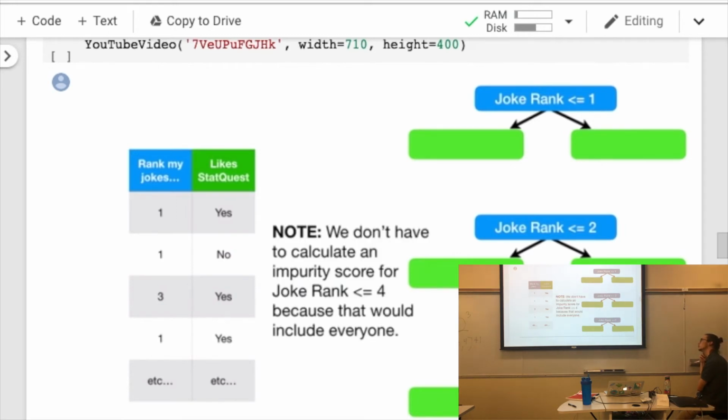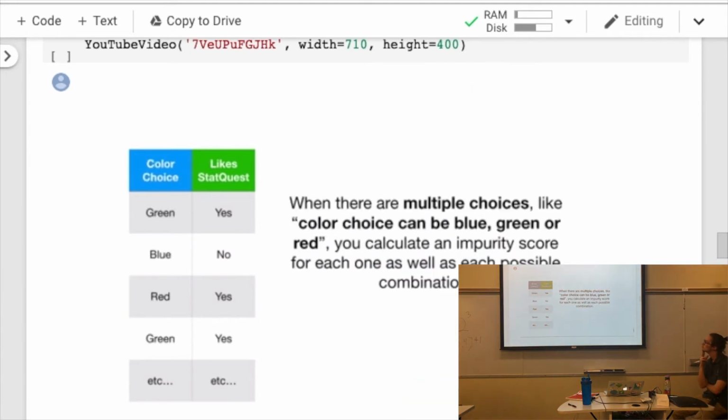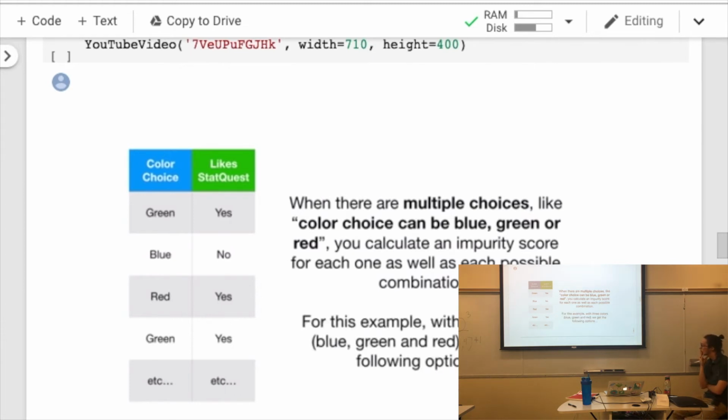Note, we don't have to calculate an impurity score for joke rank less than or equal to 4 because that would include everyone. When there are multiple choices, like color choice can be blue, green, or red, you calculate an impurity score for each one as well as each possible combination. For this example, with 3 colors, blue, green, and red, we get the following options.